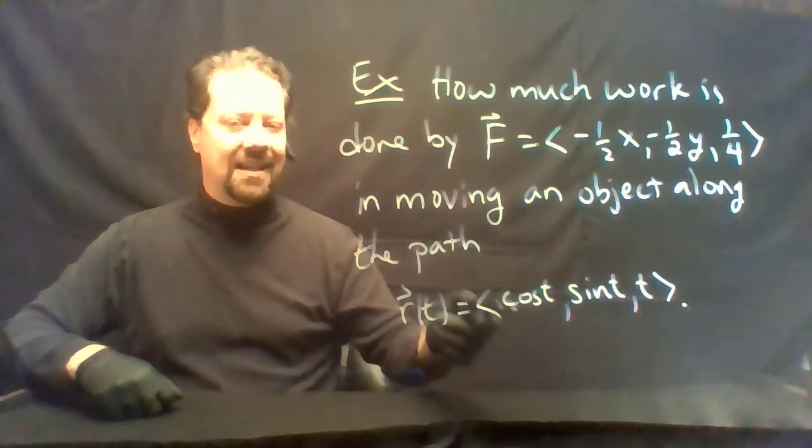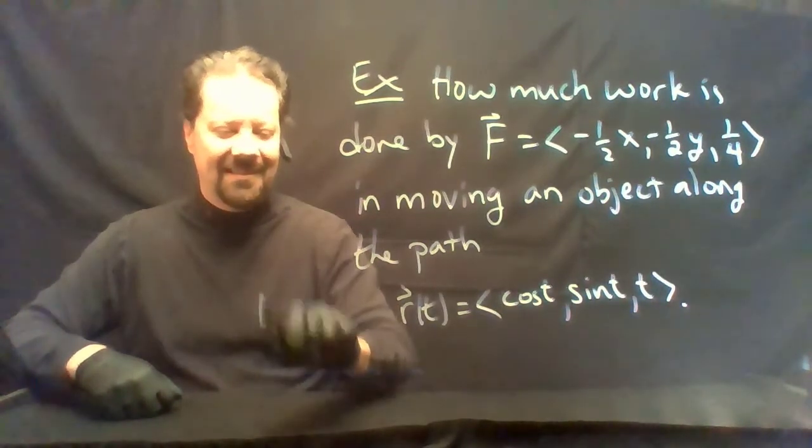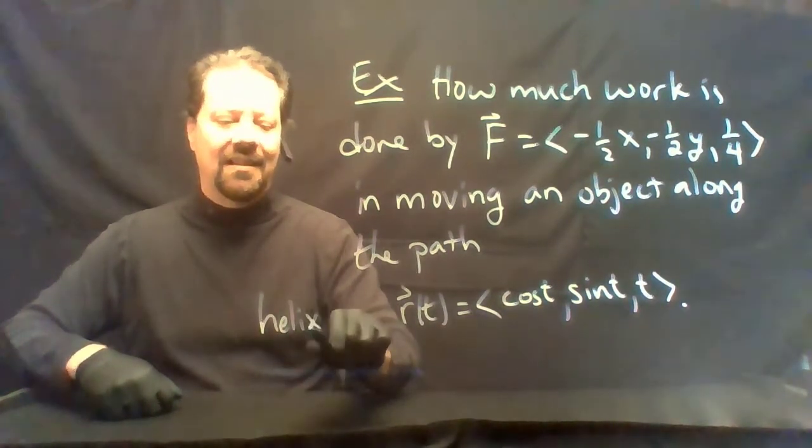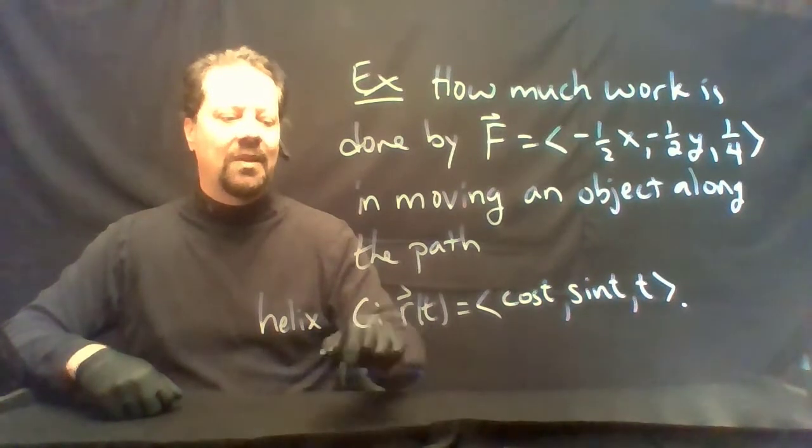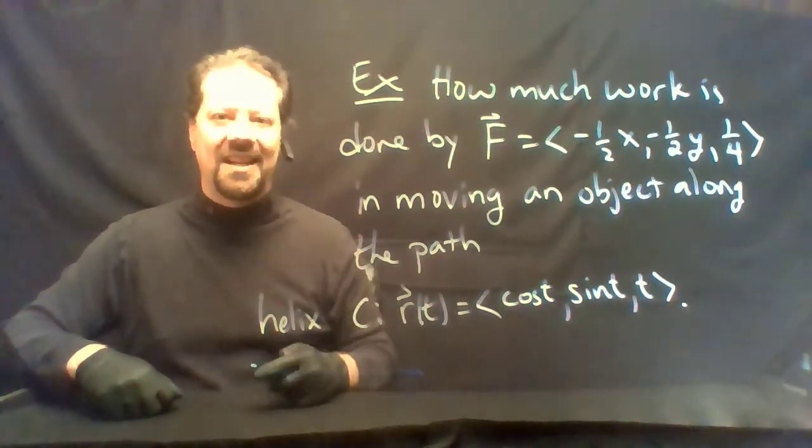Do you remember what this kind of path is called? That's a helix. We'll let that be denoted by the curve C.